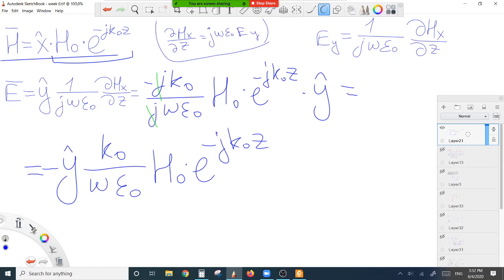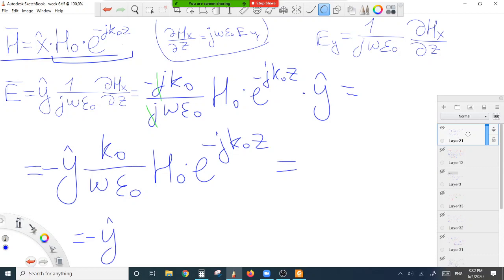And if we put in the numeric values for k0, omega and epsilon 0, what do we get? We get minus y.